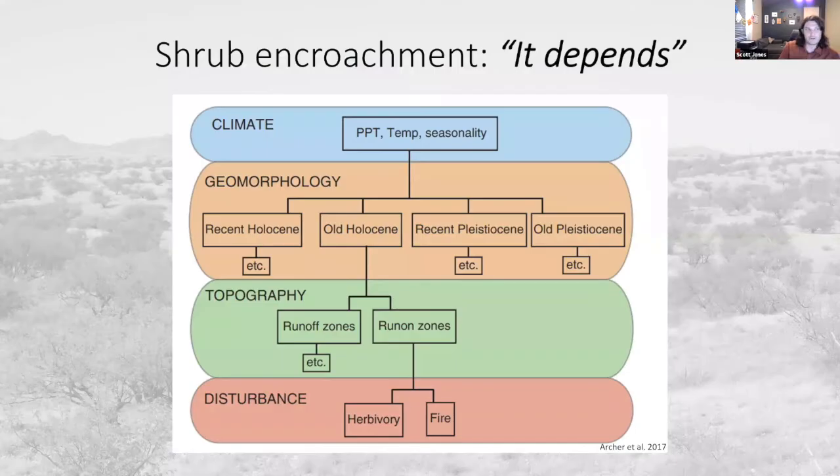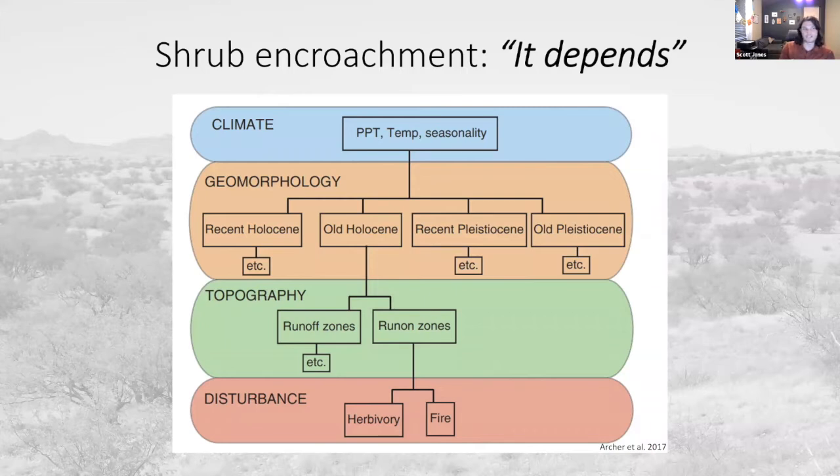Before I get started, I think it's really important that I highlight that all of this is going to depend on things. This phenomenon is extremely complicated. It is dependent on a number of different factors. Just because an area encroached in one location, a very similar location may not ever see encroachment.